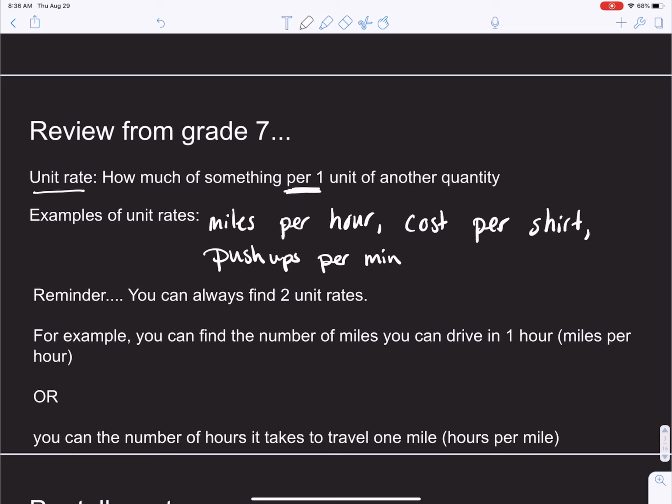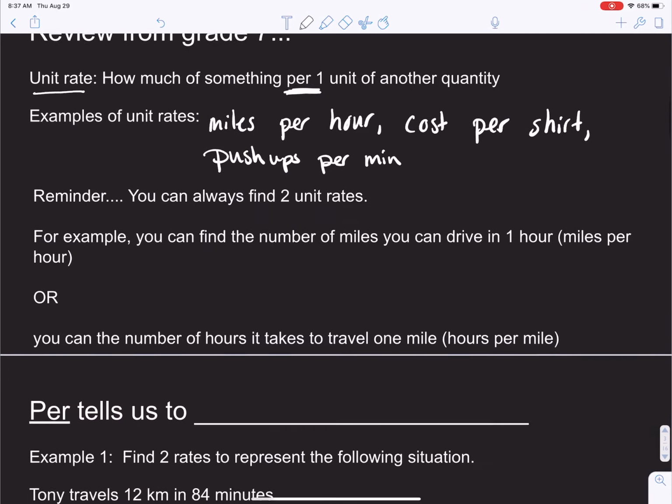Maybe I'm measuring in minutes, so it's minutes per kilometer. If I'm trying to get to a certain pace, then minutes per kilometer would be more useful than kilometers per minute. So depending on the situation, one unit rate might be more helpful than another.